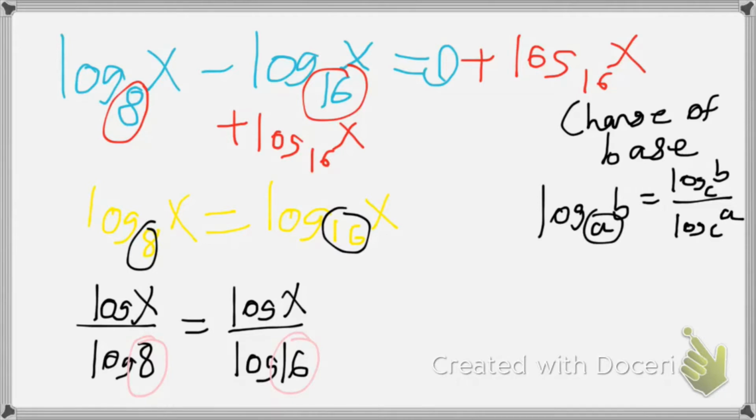So for example, 2 to the power of 3 is equal to 8, and also 2 to the power of 4 is equal to 16. What you can take from that is that now you can substitute 2 to the power 3 for 8 and 2 to the power 4 for 16. On the next slide you will see.